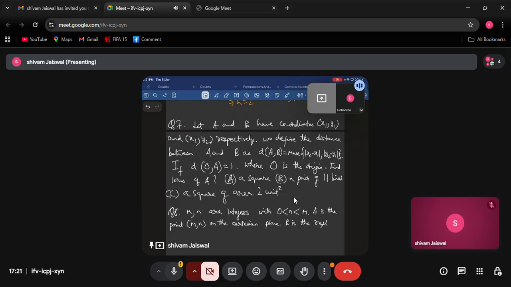And option D, a square of area 8 unit square. Single correct.